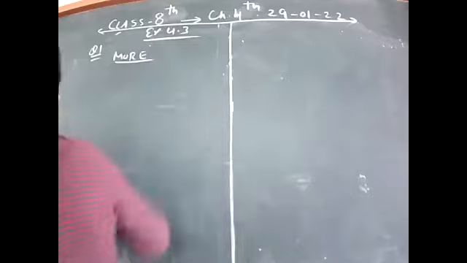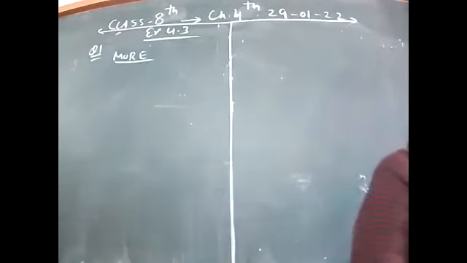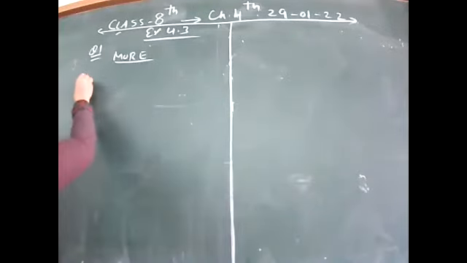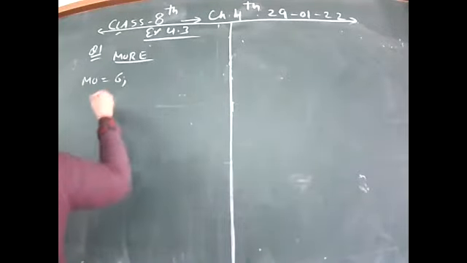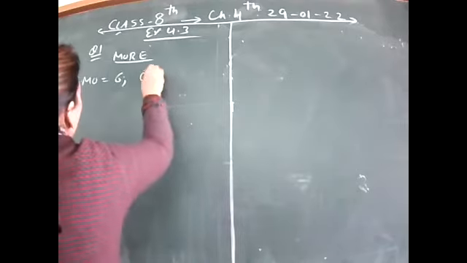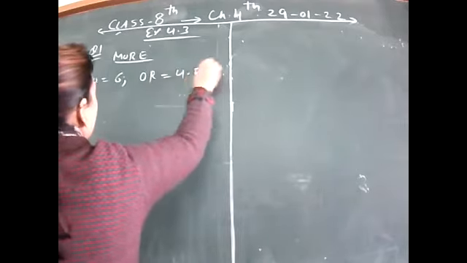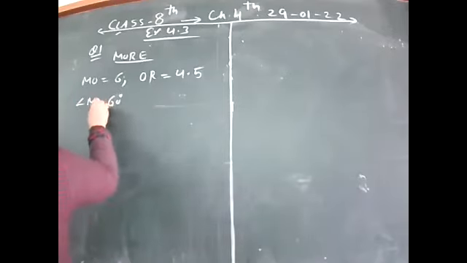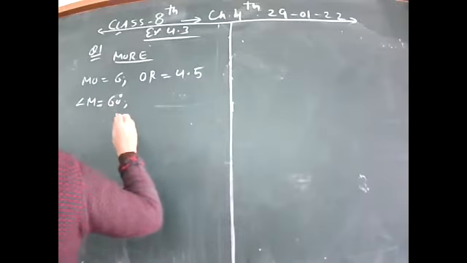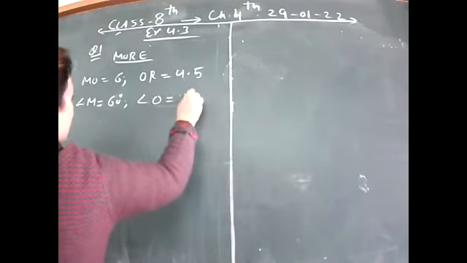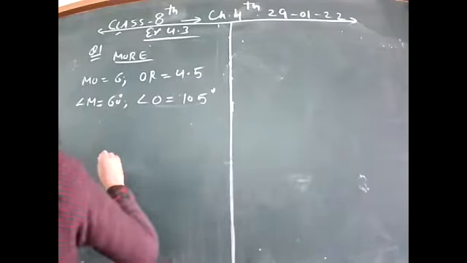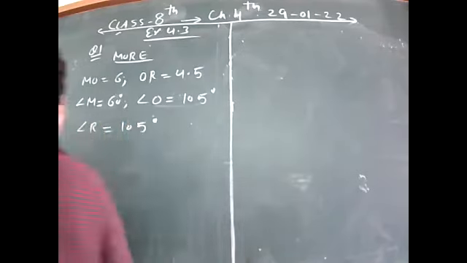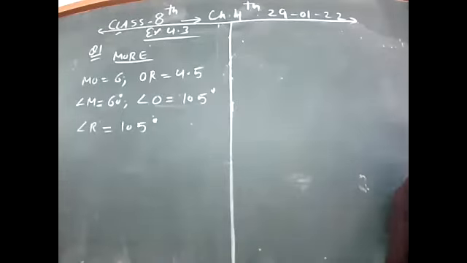The name of the quadrilateral is MORE, and the given dimensions are MO is equal to 6, OR is equal to 4.5, angle M is equal to 60 degrees, angle O is equal to 105 degrees, and angle R is again 105. So this information is given to us, right?